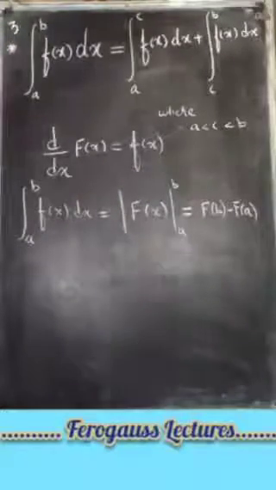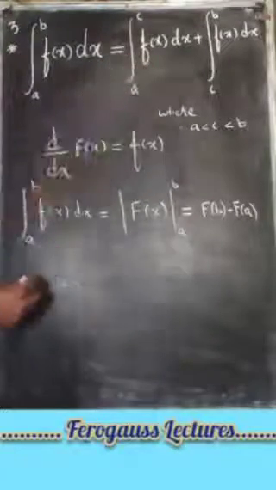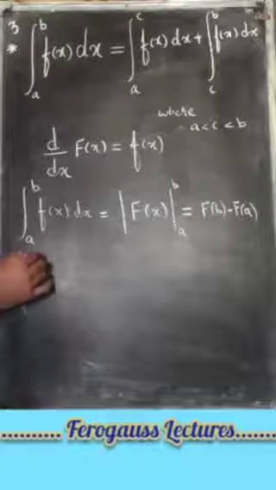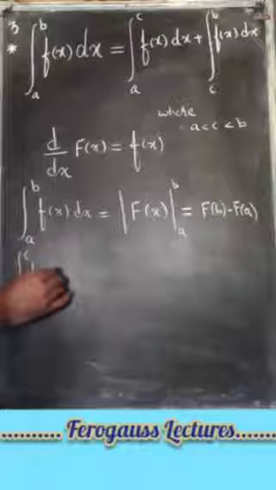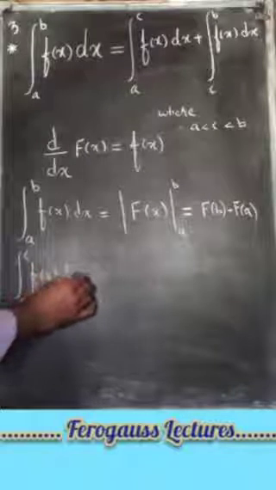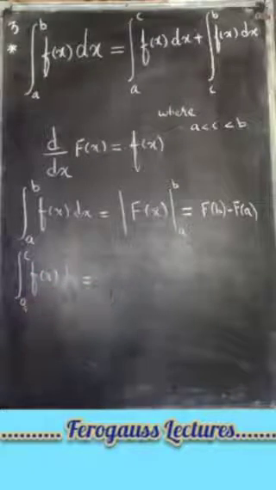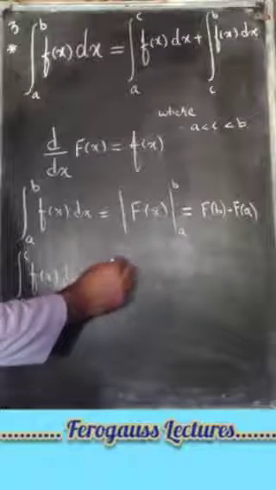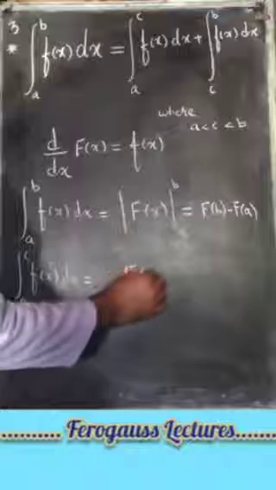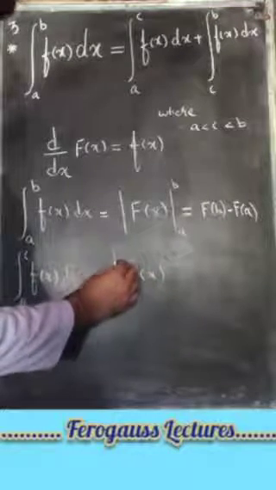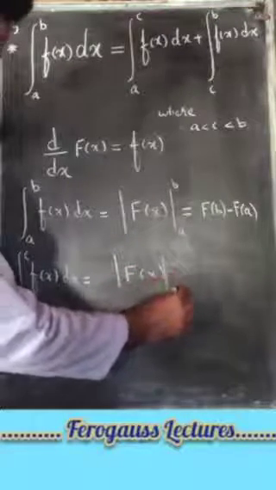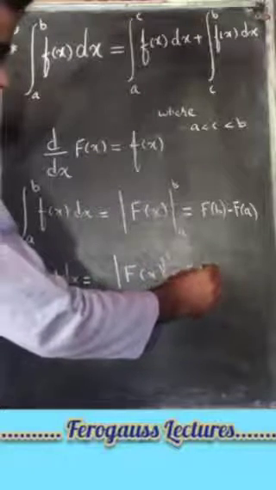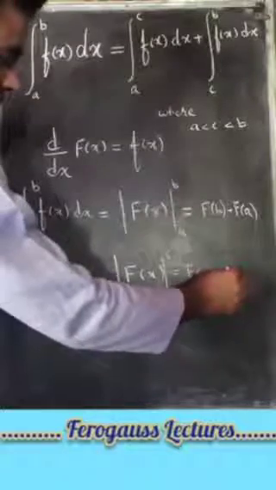Okay, now we take this integral, it is a to c f(x) dx. This is equal to F(x) from limit a to c, and that is equal to F(c) minus F(a).